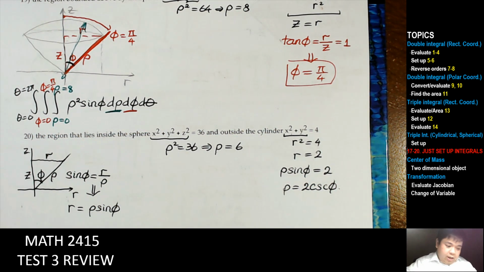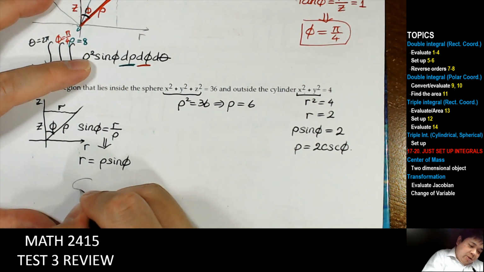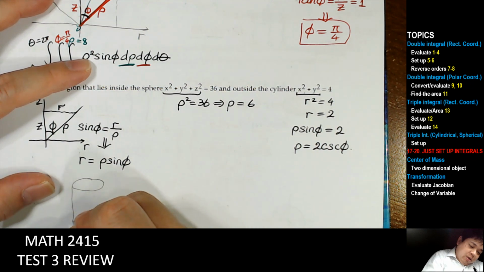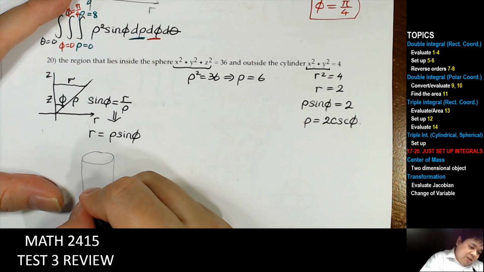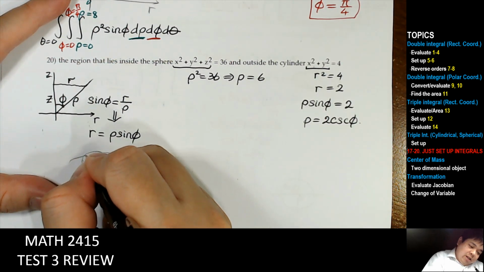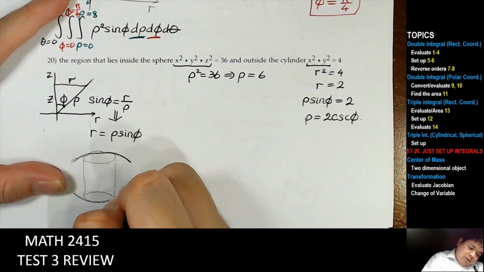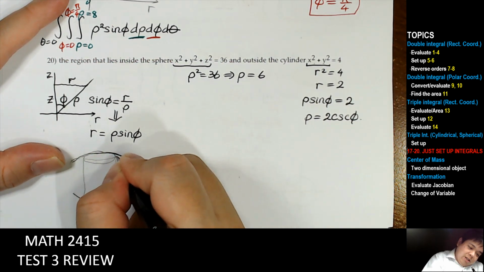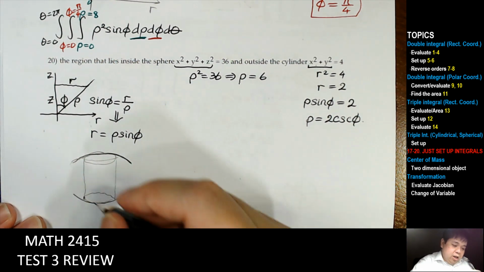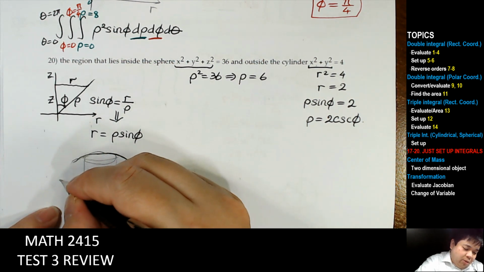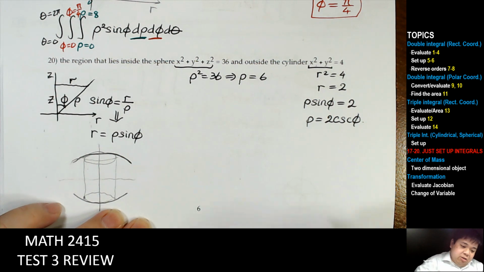Right. So if we talk about this, the region lies inside the sphere, so we're going to have a sphere. Actually, we'll have the cylinder first. And then we have a sphere, one on the top and one at the bottom. So the sphere bounded above and below, top and bottom. So in terms of r, in terms of the limit though, let's put the limit.